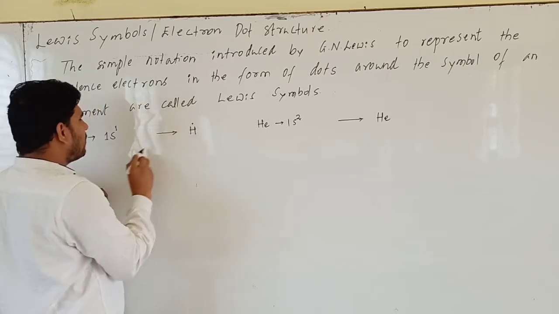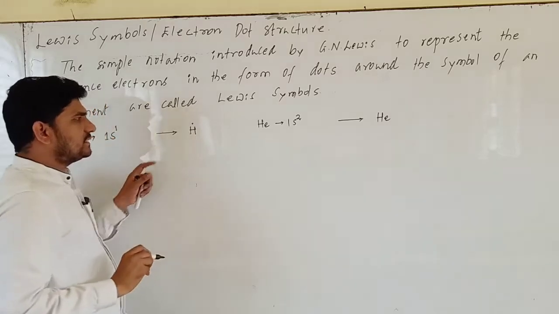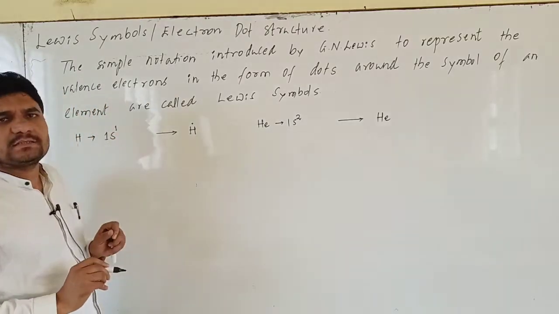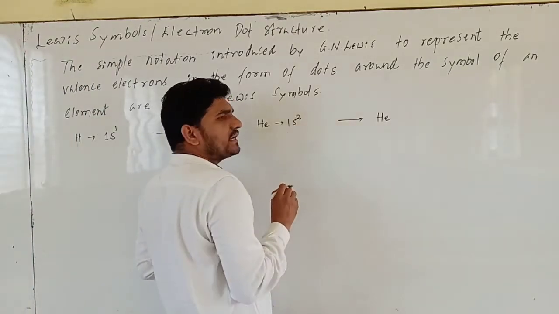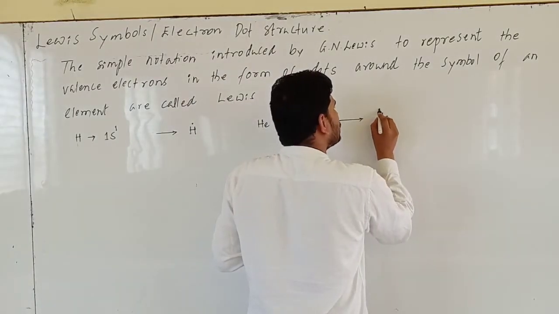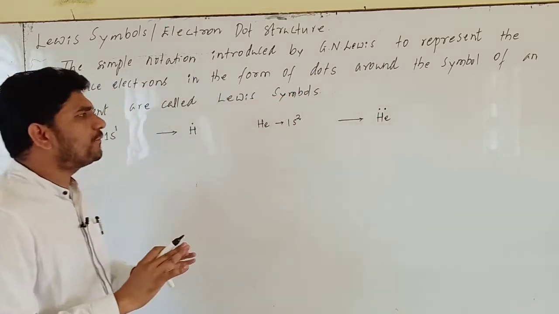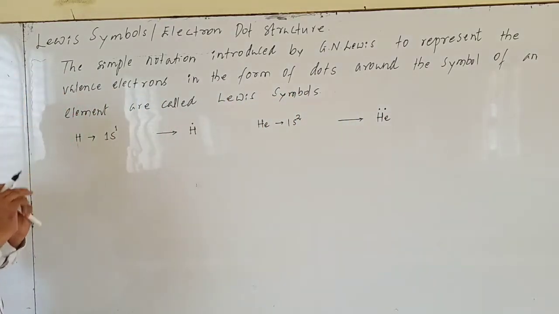H is the symbol of the hydrogen element, and this dot represents the valence electron. For helium there are two valence electrons, and you need to represent those two valence electrons around the symbol He.